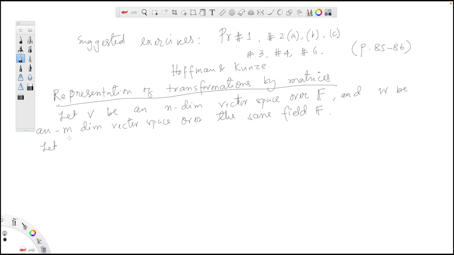we also need a few more data. Calligraphic B, which is a set consisting of the vectors u1, u2 all the way up to un.